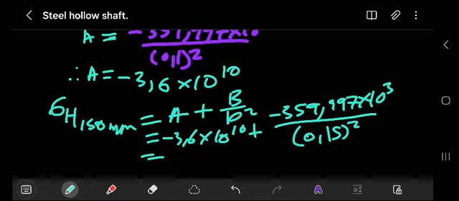So we have minus 3.6 times 10 to the power of 10 plus minus 359,997 times 10 to the power of 3. Divide this by 0.15 squared.